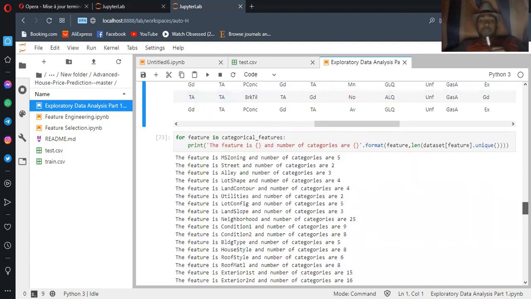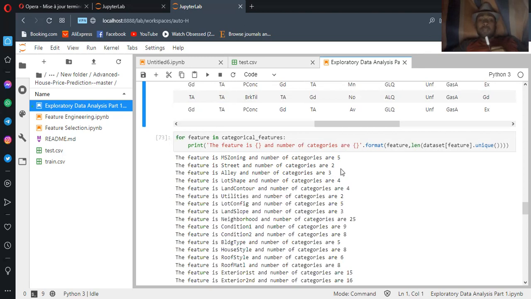Well, here we look at how many unique values there are for each categorical feature. For the first feature, for example, the number of categories is five.